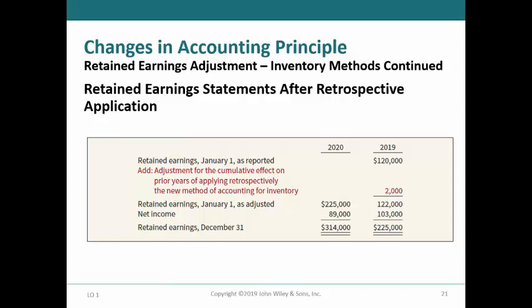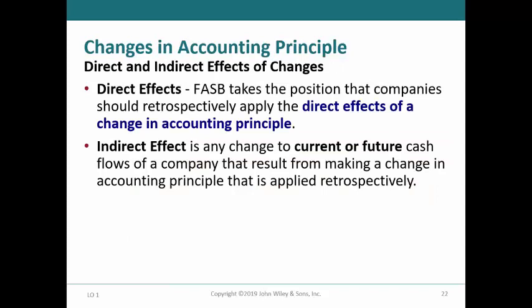The cumulative effect of the change in methods for 2018 of $2,000 is shown as an adjustment to the beginning balance of retained earnings as of January 1st, 2019. The net income for 2019 of $103,000 uses the FIFO method, which is consistent with the retrospective approach.